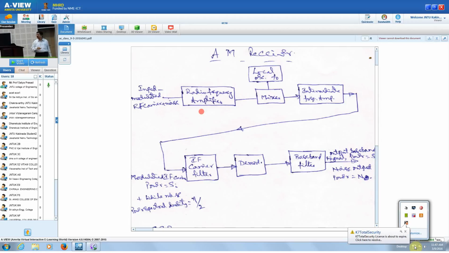Therefore, all your amplitude modulation systems will have the same circuit, except what you are going to have in the demodulator. Your AM or DSBSC or SSB, all these will have the same circuit with different bandwidths, except in the demodulator.